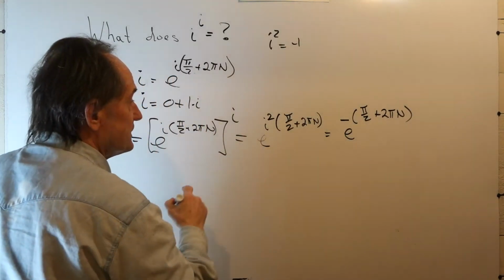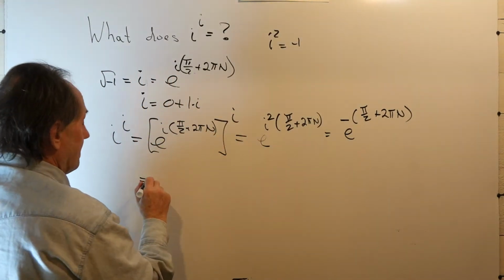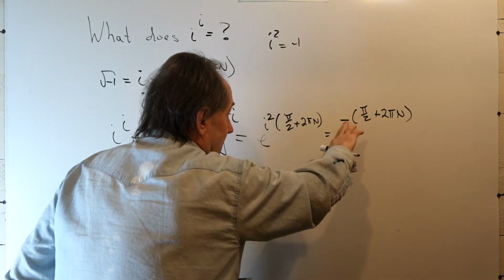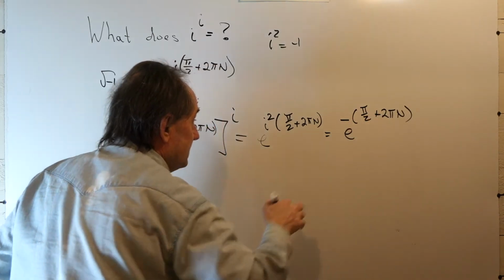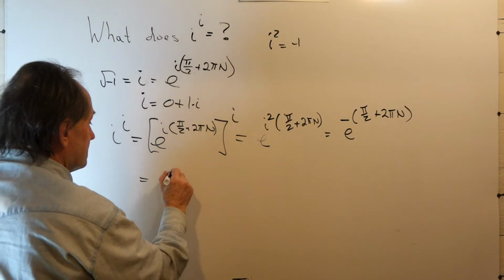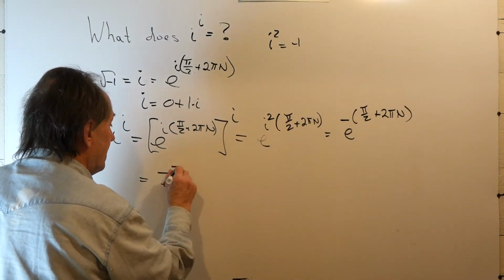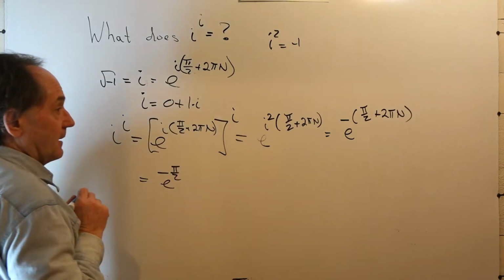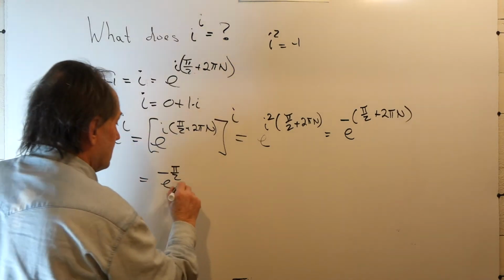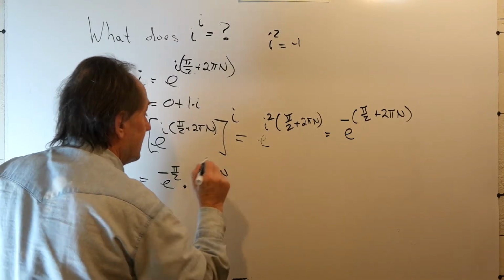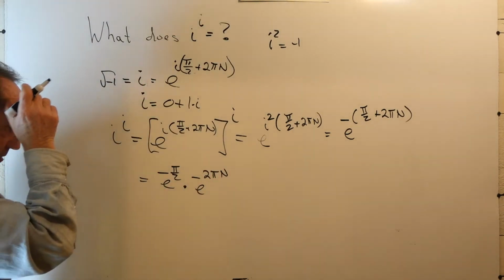We can now represent this by taking the negative power and putting it in the denominator. First we split it up as e to the minus pi over 2 times e to the minus 2 pi n, using the properties of exponents.